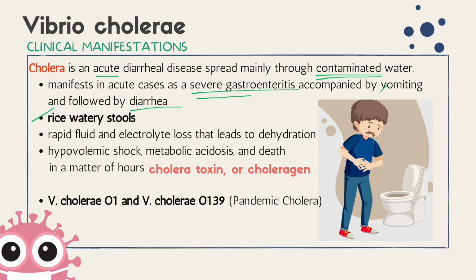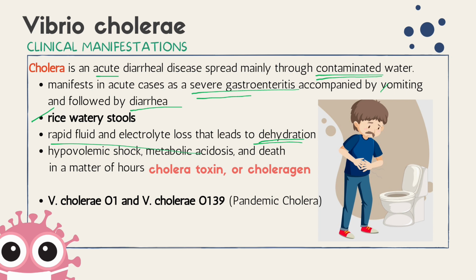This is due to rapid fluid and electrolyte loss in the patient, which leads to dehydration. If there is no intervention, the patient may go into hypovolemic shock due to low blood pressure, and may suffer metabolic acidosis and death in a matter of hours.